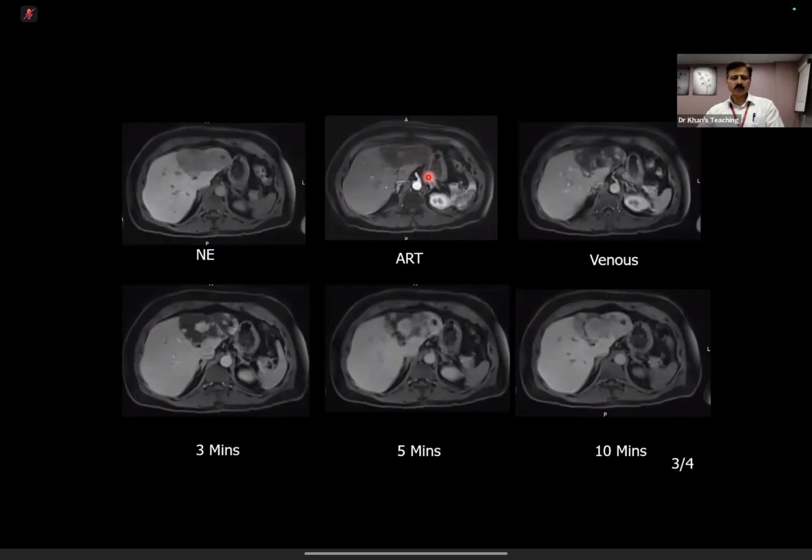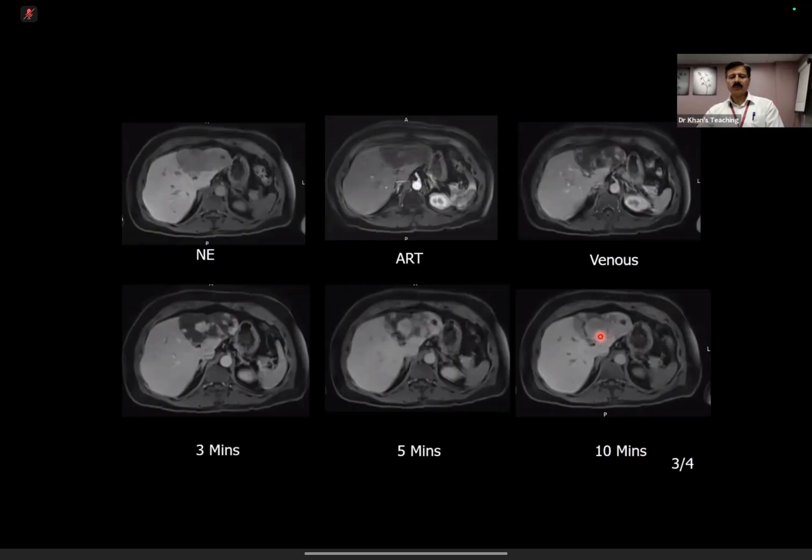There is actually a nodular enhancement. Here it is less, then more, then more. Large portions of a giant hemangioma might not enhance. Please remember that. There might be scarring, and some people say there might be some thrombus sitting there. So a large portion might remain unenhanced.